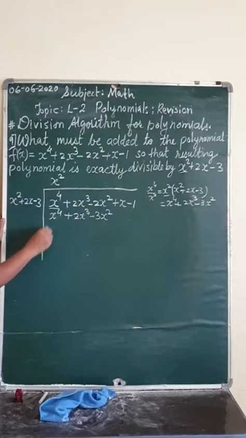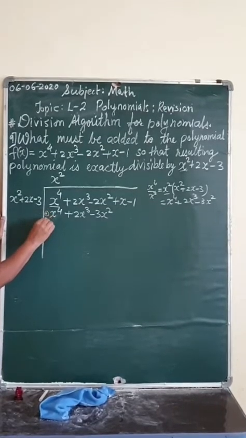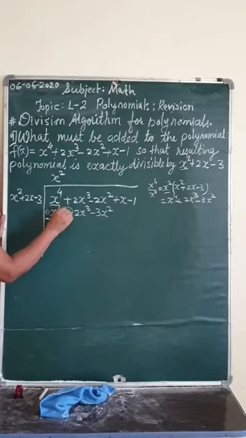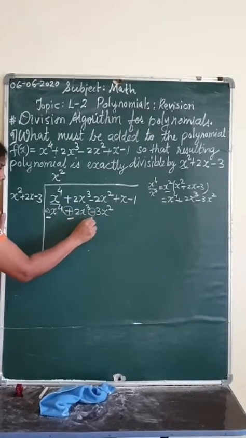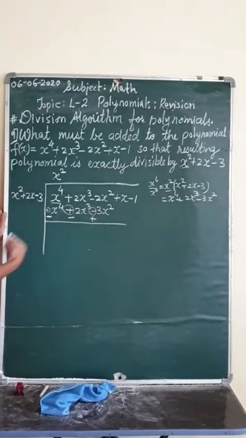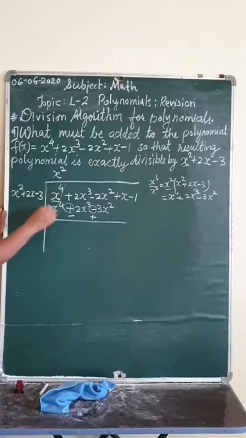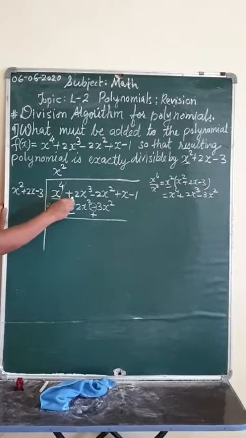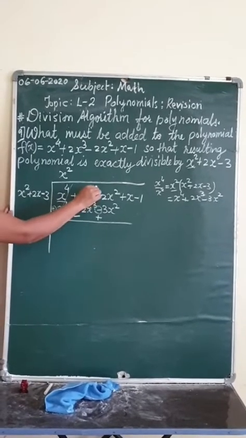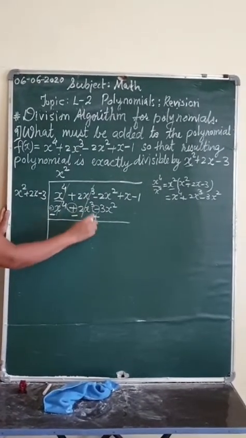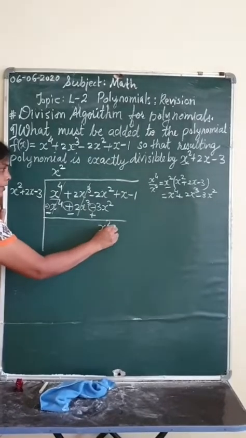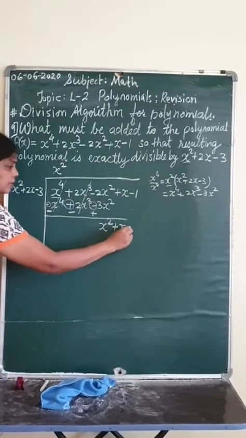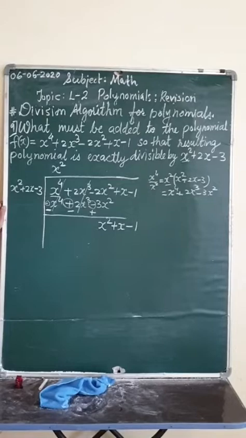We write this expression exactly here. Change the sign: plus becomes minus, minus becomes plus. Do the subtraction. x raised to 4 minus x raised to 4 gives 0. Plus 2x cube minus 2x cube again gives 0. So what remained here? x square plus x minus 1.